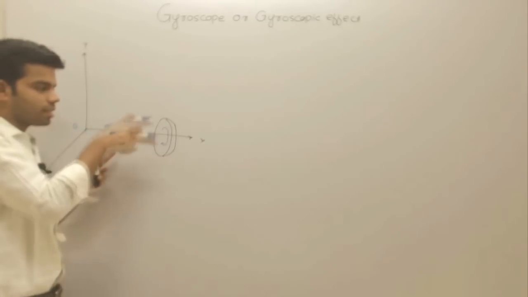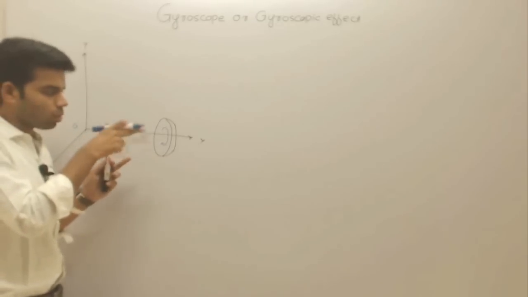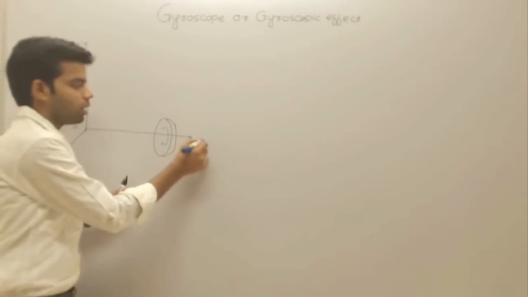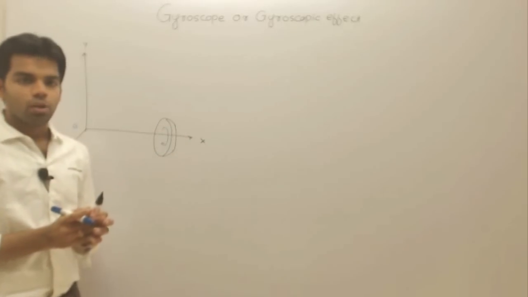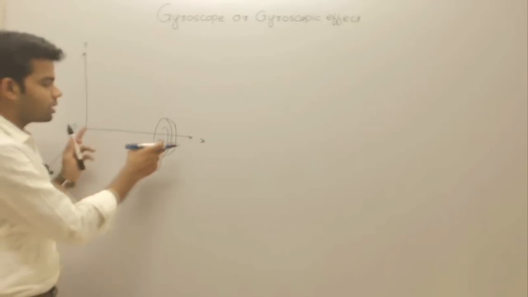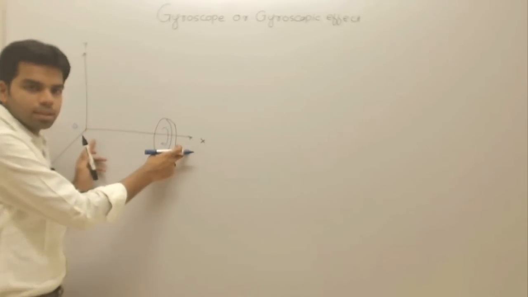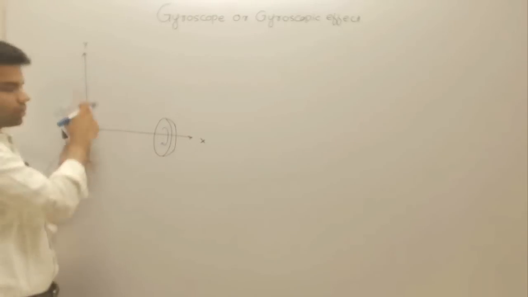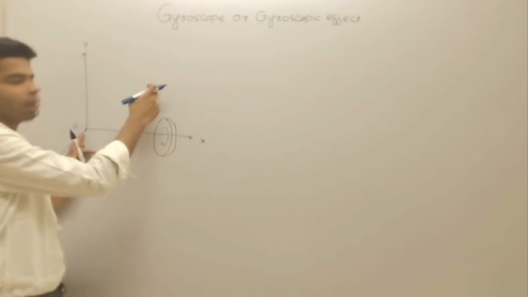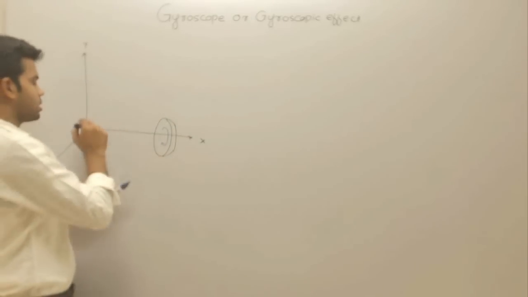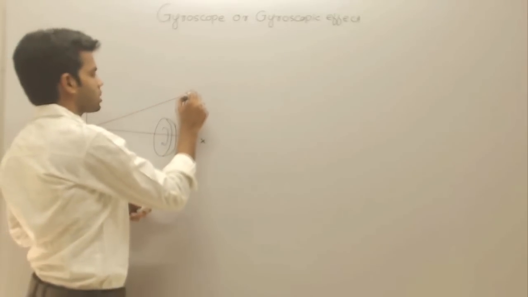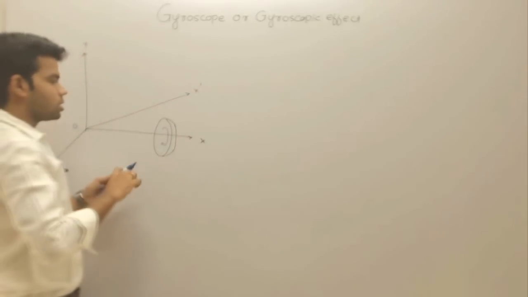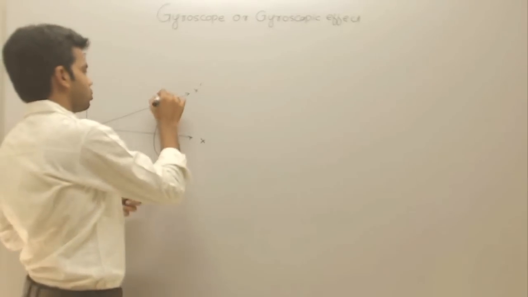Okay, now what we are doing, we are turning this ox axis around y-axis. So when we are turning this, the final position of this ox axis becomes this ox dash, and this will be our rotor.